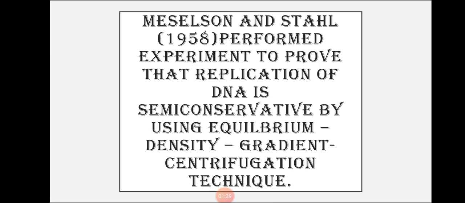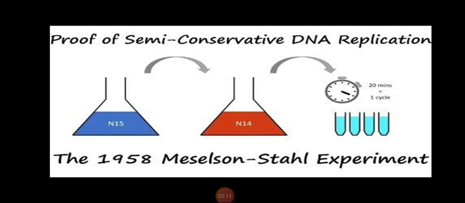Meselson and Stahl in 1958 performed an experiment to prove that replication of DNA is semi-conservative by using the equilibrium density gradient centrifugation technique. I will discuss this in detail, but before that, let us see what experiment Meselson and Stahl performed. They used two mediums, N15 medium and N14 medium.